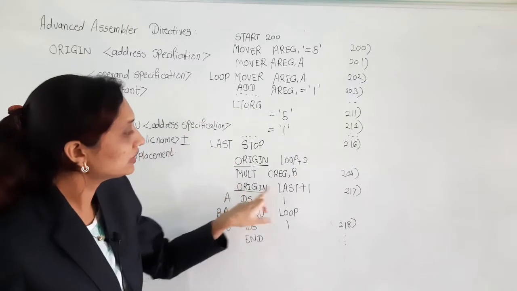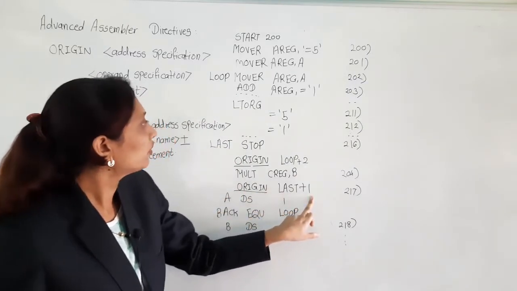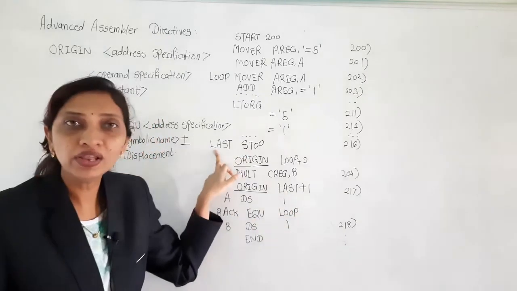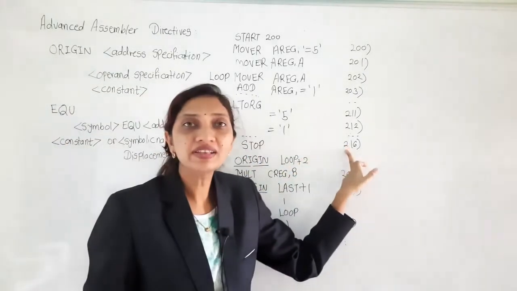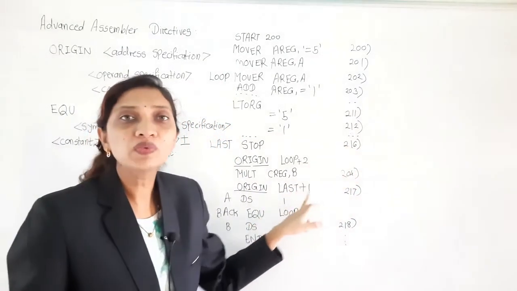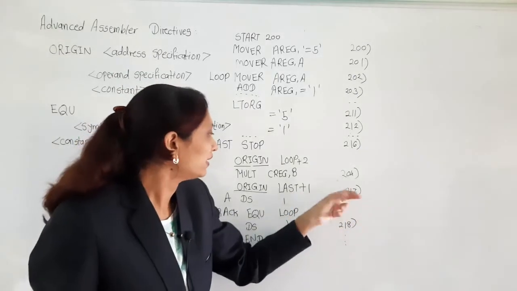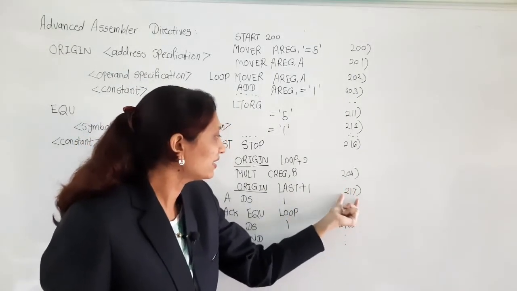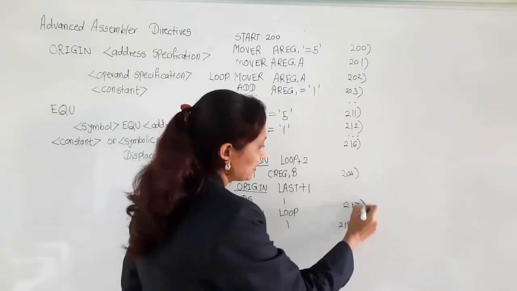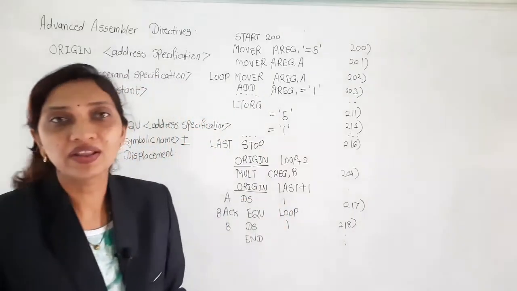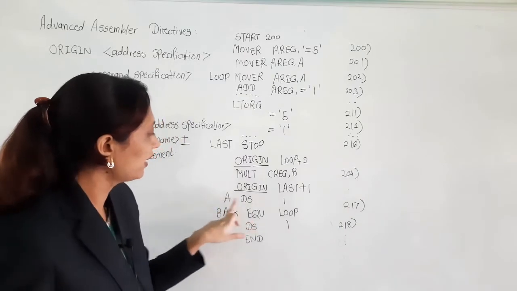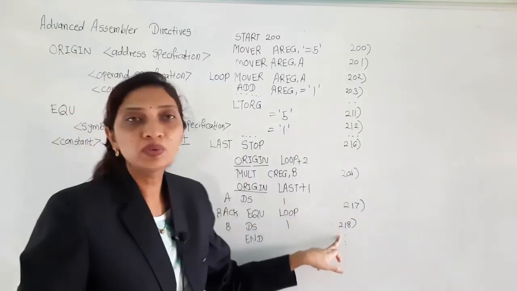Again see here, ORIGIN LAST plus 1. LAST is a symbolic name which is associated with the address 216. Here 216 plus 1 means 217. Then 217 is taken as the address for the next statement, which is A DS 1, meaning 217 is associated with the statement A DS 1, and later 218.